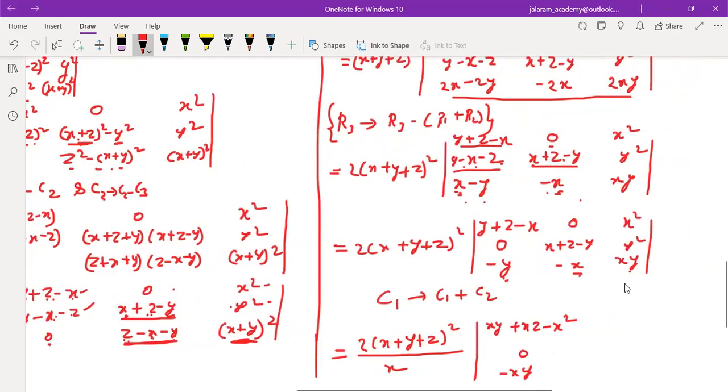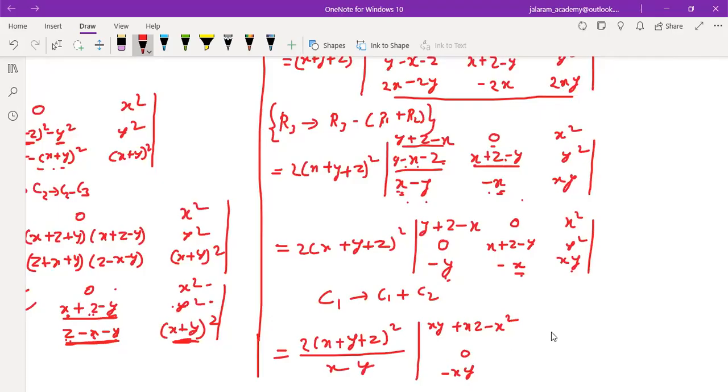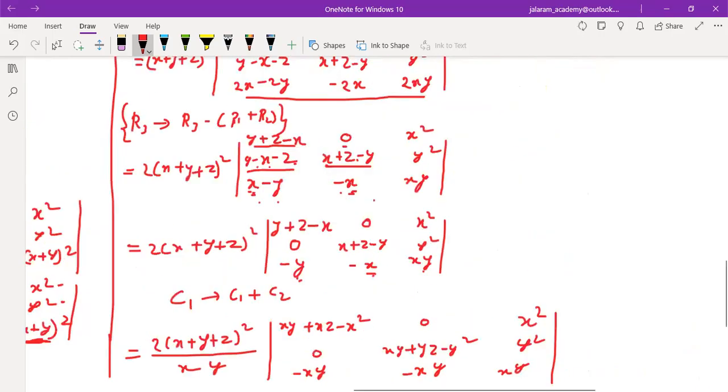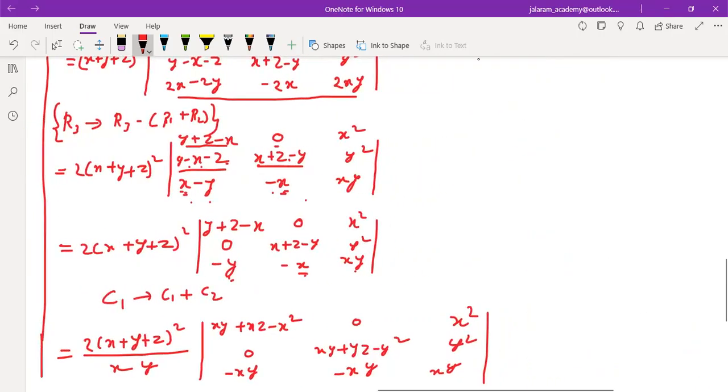Then if we multiply the second column by y, it is 0. Then xy plus yz minus y square, minus xy. Third is x square, y square, xy. Now xy is common from the third row, and it will be cancelled out from the term outside the bracket, that is xy.